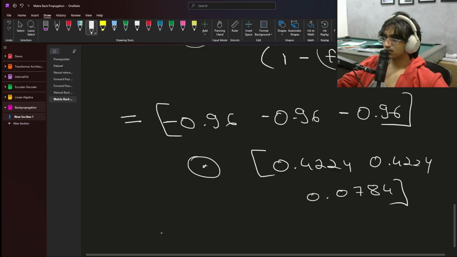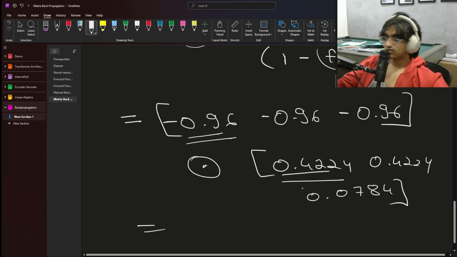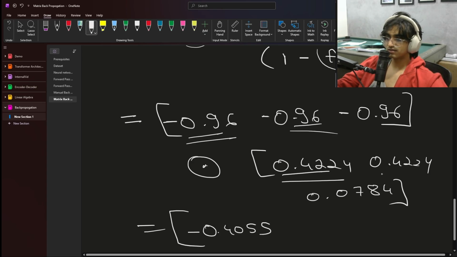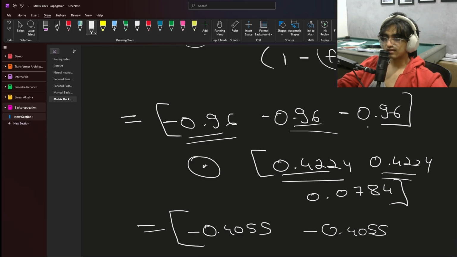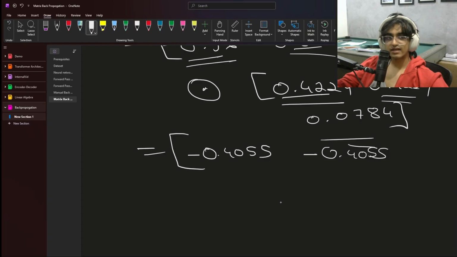This symbol just means pairwise, so we multiply this with this. This will be negative 0.4055. Then we multiply this with this, which will again be the same thing in this case. And then we multiply this with this, so that's going to be negative 0.0753.